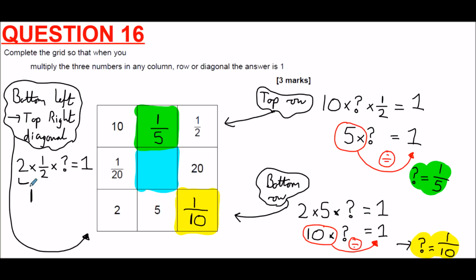So this bit, 2 times a half, we can just simplify and say equals 1. So 1 times the mystery number equals 1. Now this is really straightforward. What do I multiply 1 by to get 1? It's got to be 1, because 1 times 1 equals 1. So for the middle one, the mystery number is simply 1.